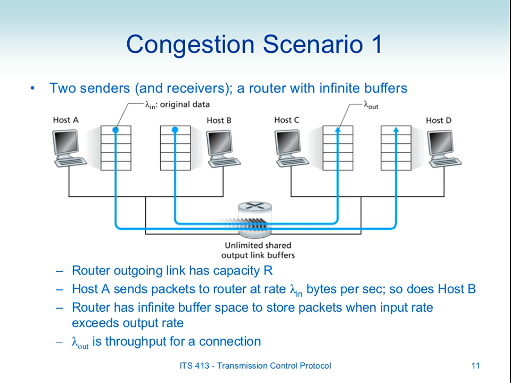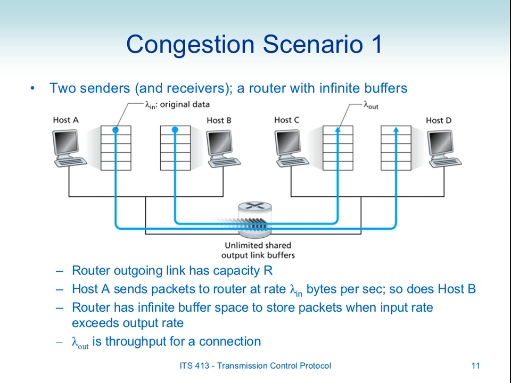Host A sends packets in at lambda in. So it's got a sending rate of lambda in. That's the sending rate of host A. And same with host B, sending in at lambda in.